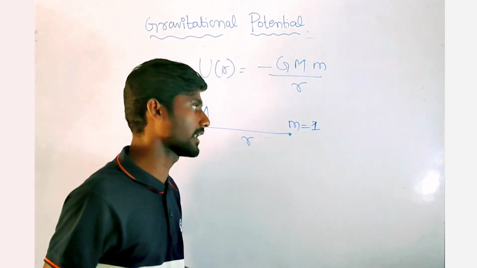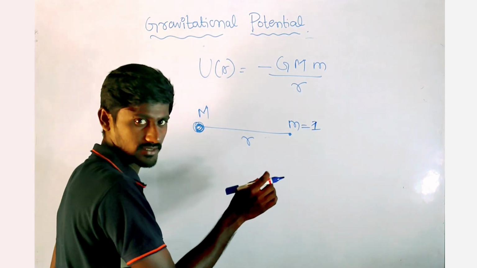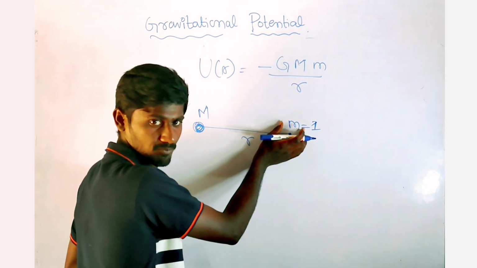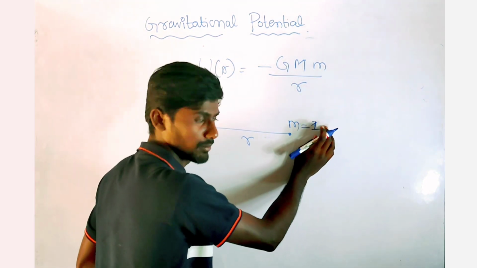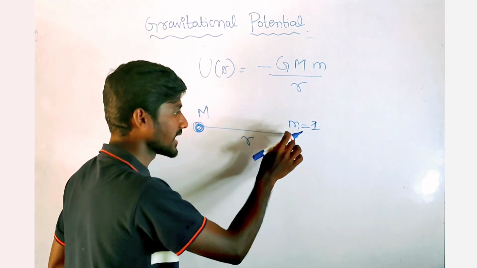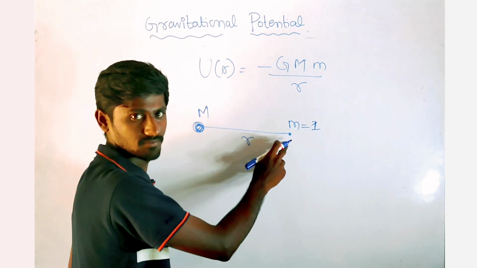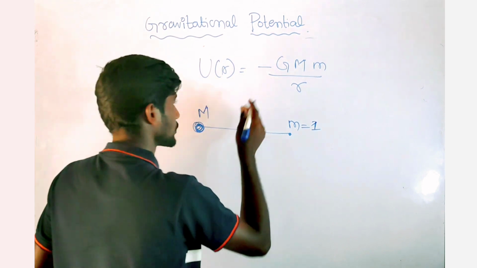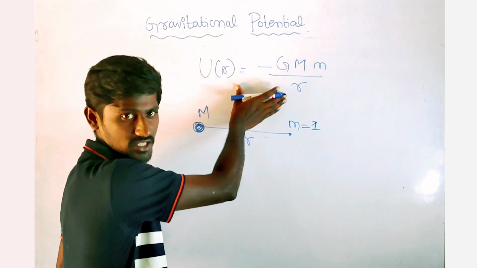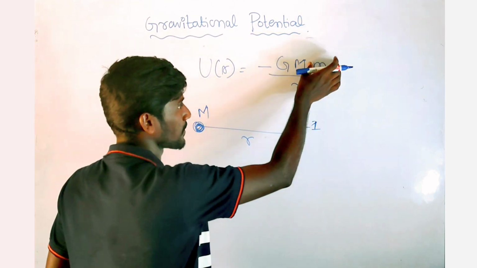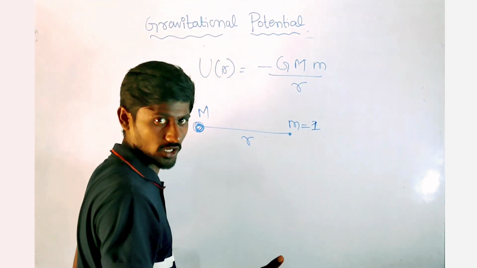Okay, I repeat it again. If we replace this small m with the unit mass, then that potential energy is nothing but the potential. So this is the expression for the gravitational potential energy. If I replace the small m with the unit mass, then that will be the potential.